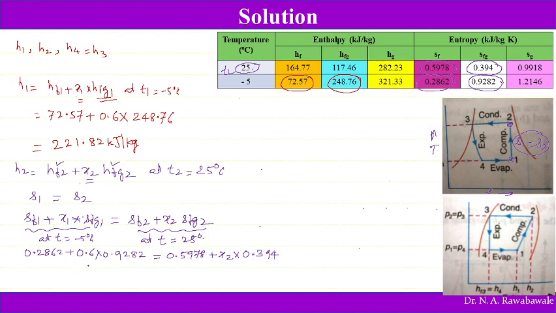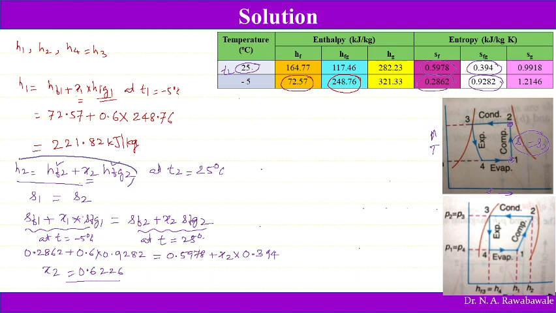From this we get dryness fraction X2 as 0.6 into 0.9282 plus 0.2862 minus 0.5978, divided by 0.394. So dryness fraction is going to be 0.6226.